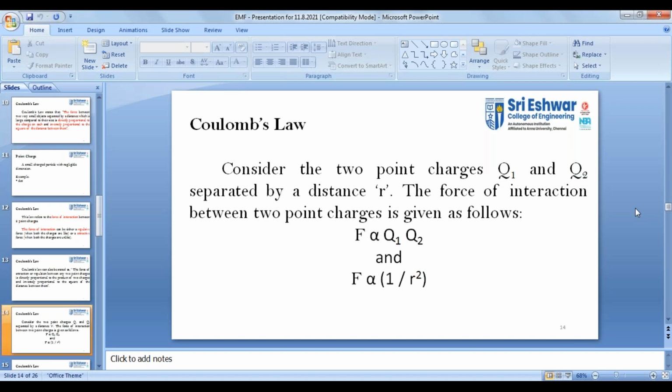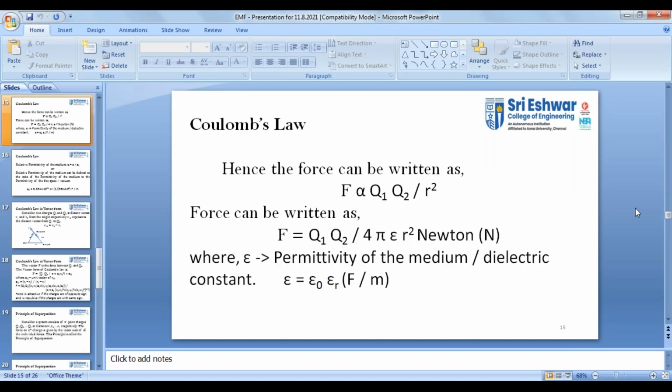Consider two point charges Q1 and Q2 separated by a distance r. The force of interaction between them is given as follows: F proportional to Q1 into Q2, and F proportional to 1 by r square. Combining these two, F is proportional to Q1 into Q2 by r square.